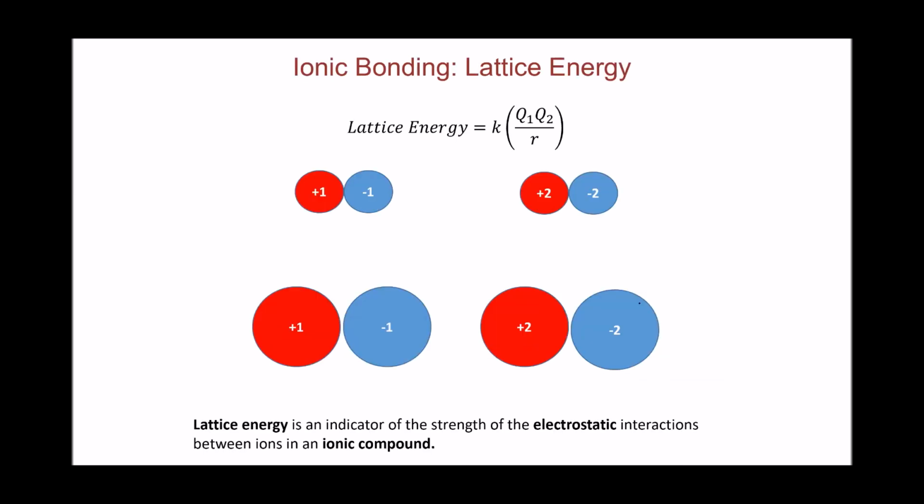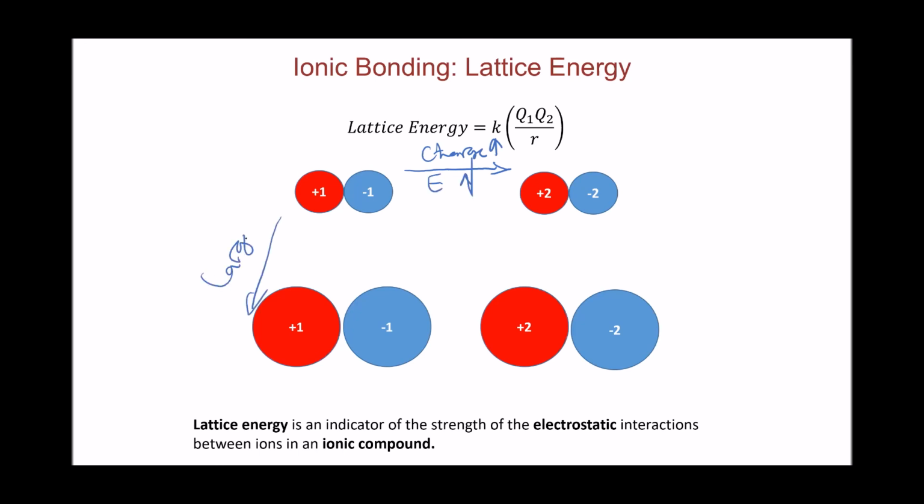If you compare a combination of 2 ions with 1 plus charge and smaller size in comparison to 2 ions of the same size but larger charge, larger charge means higher attraction.